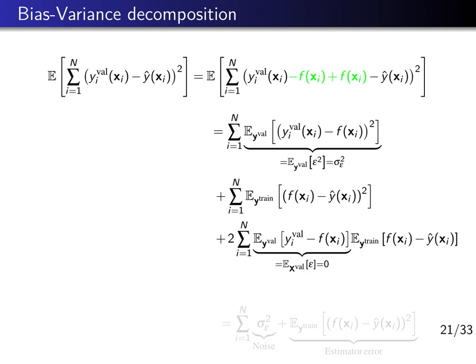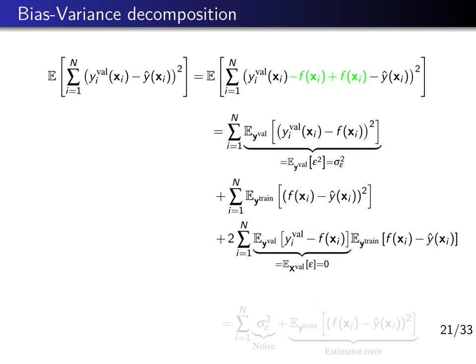But the label at this data point is simply given by the true function plus a Gaussian distributed uncertainty that happens when we take the measurement. So what we have is simply the expectation value over the squares of these measurement errors, or the noise. So we call this term sigma epsilon square.